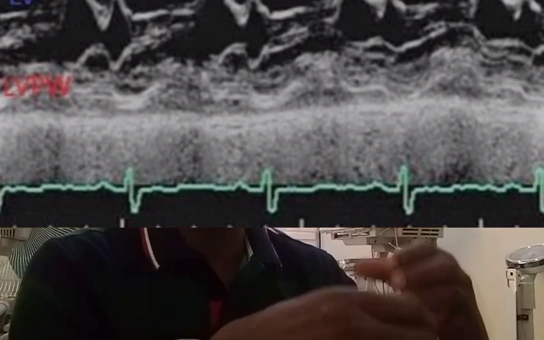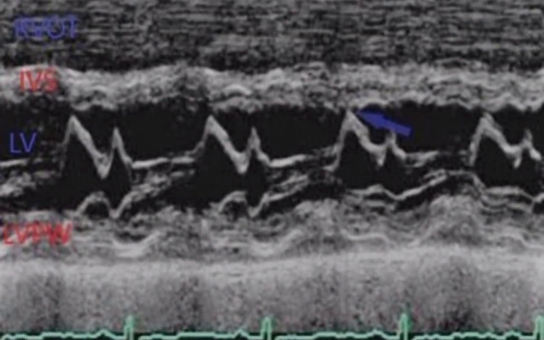M mode records both the position and the motion of an interface over a period of time. It takes the B mode dot and moves it with time, producing a wiggly line on the paper. These lines present the position and motion of the reflecting surface as they occur in time.